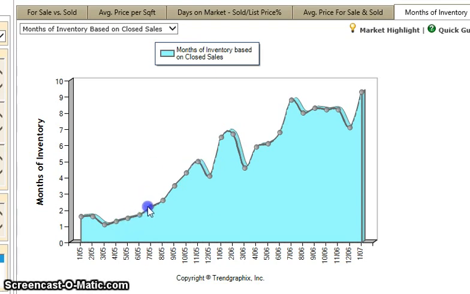You can see here, anything between 3 and 4 months was really struggling. In the summer of 2005, when it increased above 3 months, we really had some problems with values, and values were declining.